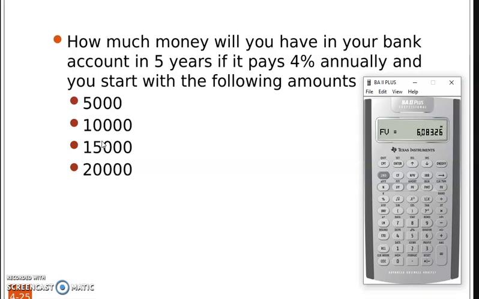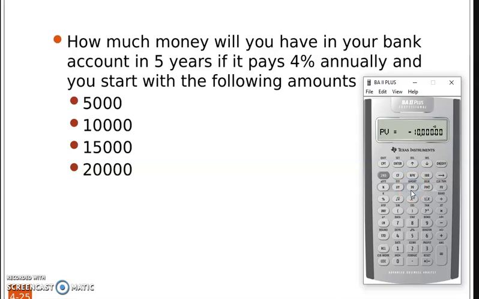So really it's just a question of changing my present value number. Since the calculator already saves existing data, all I need to do is put in a 10,000 with a negative value, meaning I am investing $10,000 today.